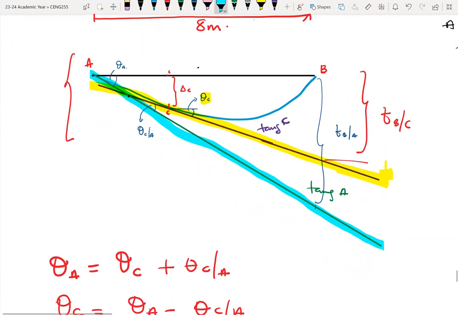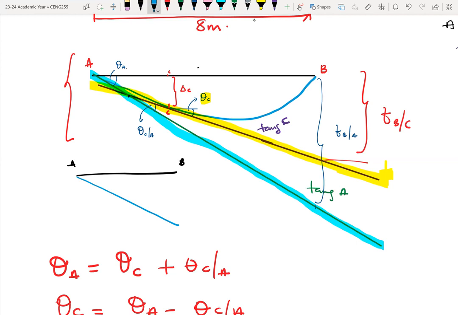So I came up with this approach that, okay, if this is my line AB or my beam in its initial position AB, and I'm able to draw a tangent passing through A. All right. And then I know that A and B are points at the supports, which means that they will not undergo any deflections, right?